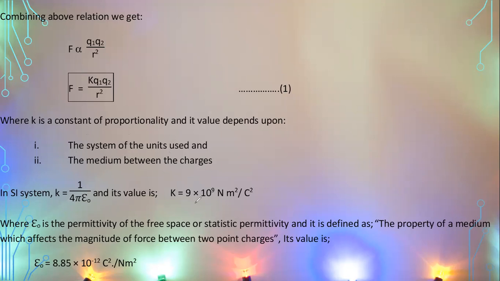If you look back at equation 1 and write down the units of all physical quantities, that is force, the two charges, and the square of the distance, you will get the same unit of this K. Here, epsilon naught is the permittivity of free space or static permittivity, and it is defined as the property of a medium which affects the magnitude of force between two point charges, and its value is 8.85 multiplied by 10 raised to minus 12 Coulomb square per Newton per meter square.